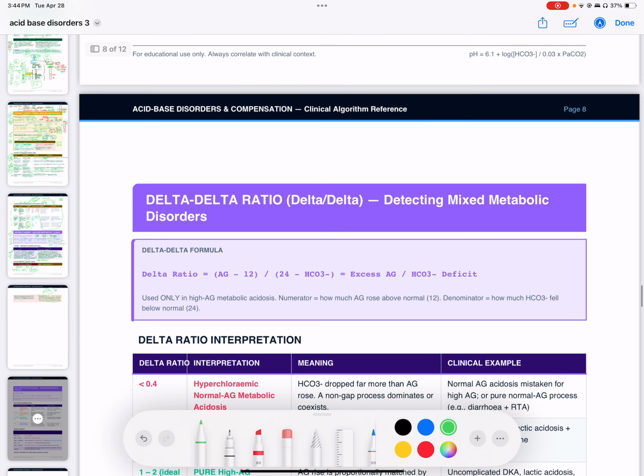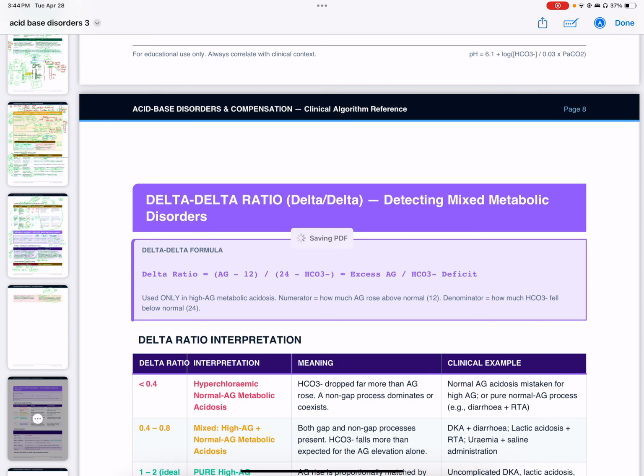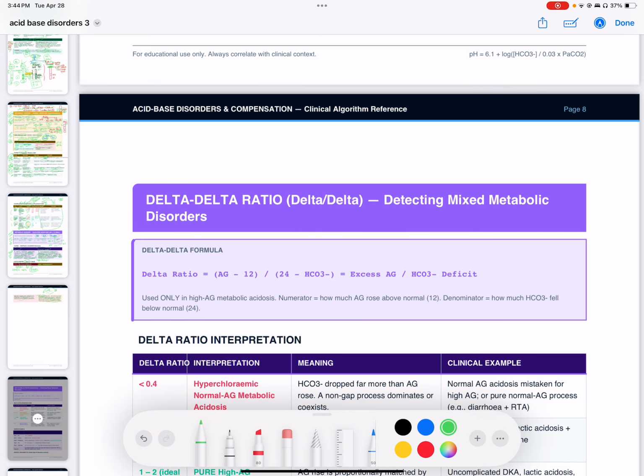Then here we'll talk about the delta ratio. Again, for any metabolic acidosis, number one, we calculate the anion gap to differentiate if it's normal anion gap metabolic acidosis or high anion gap metabolic acidosis. And if it's high anion gap metabolic acidosis, we calculate the delta ratio.